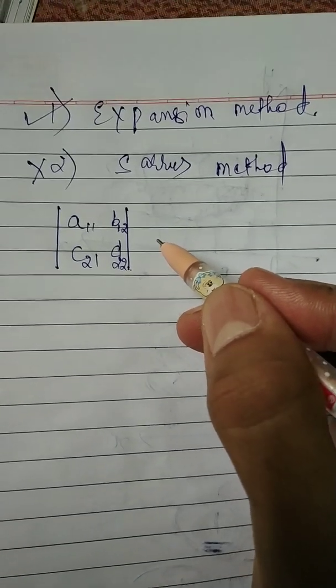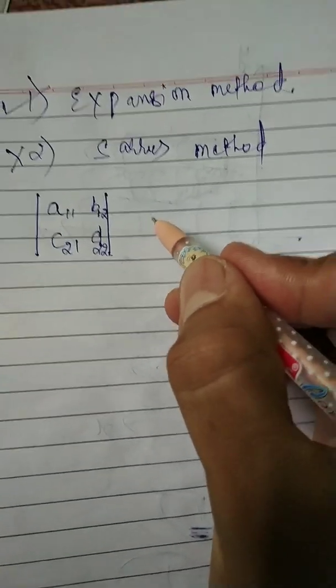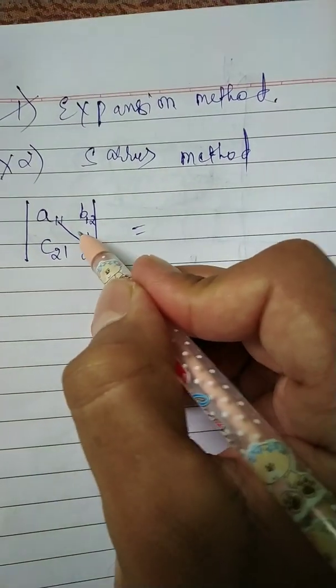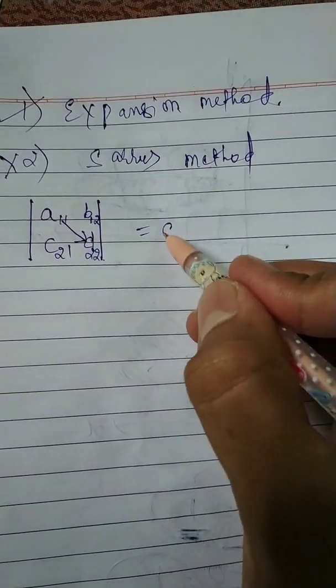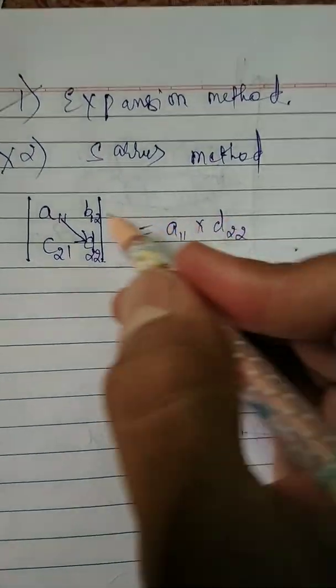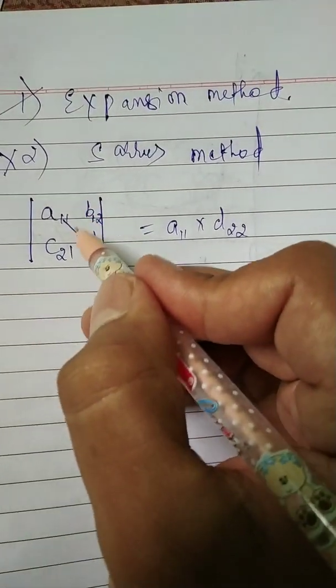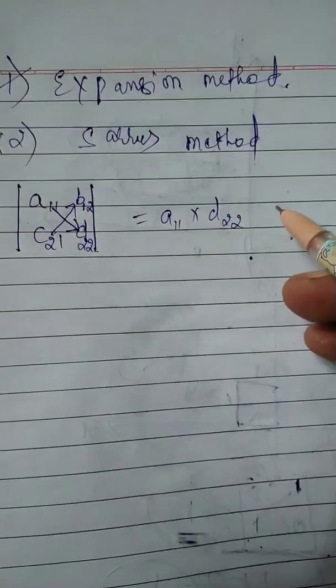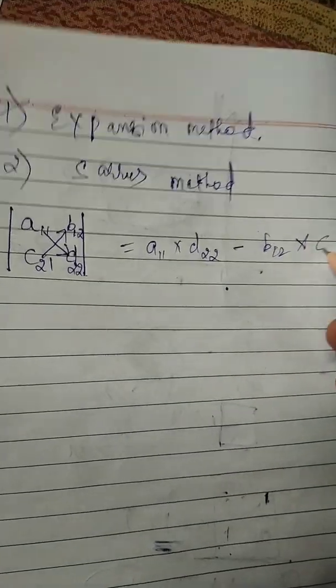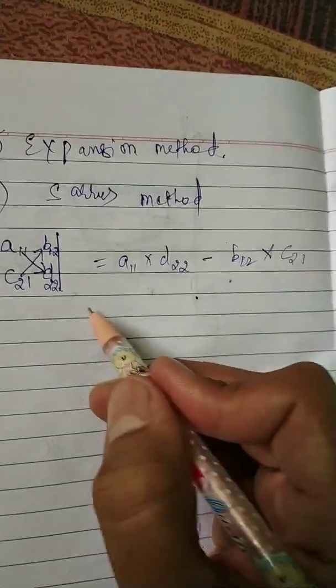How do we find the determinant? Look, it is very simple. You just have to multiply this and this: A11 into D22. Subtract that with this, so minus B12 into C21.